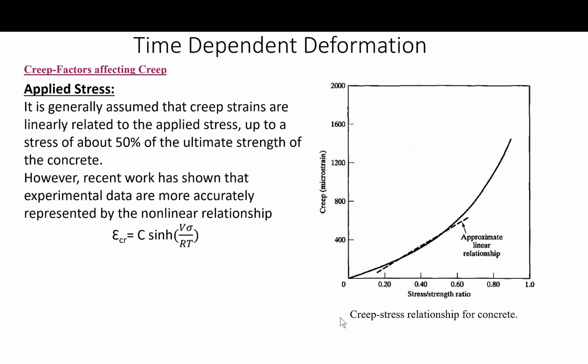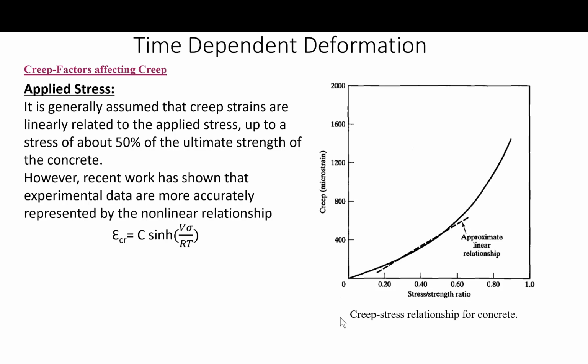So what are really the factors that affect or influence creep? The first factor is the applied stress. It is generally assumed that creep strains are linearly related to the applied stress, up to a stress of about 50% of the ultimate strength of the concrete.